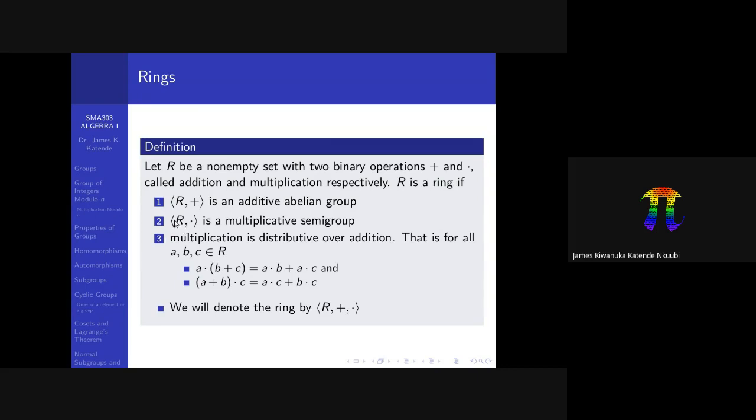And then if you consider the same set R under this operation, this dot, we will get a semigroup. Now, I'm assuming you learned about semigroups in SMA303. You recall what a semigroup is? Can someone tell us what a semigroup is?